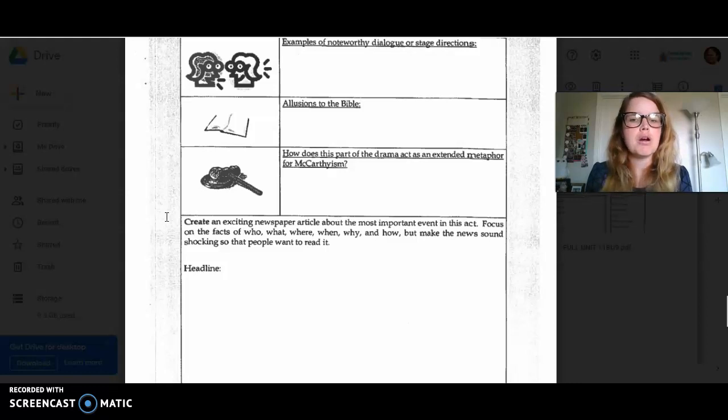How does this part of the drama act as an extended metaphor for McCarthyism? Okay, so while this play was written to take place in the 1600s during the Salem witch trials, it was actually written by the author during the time of McCarthyism.